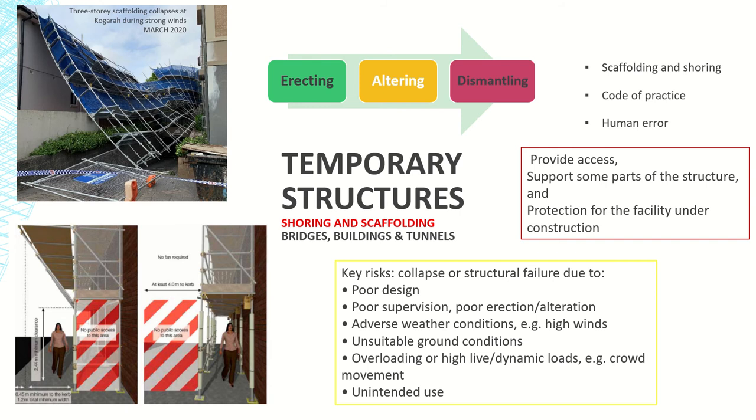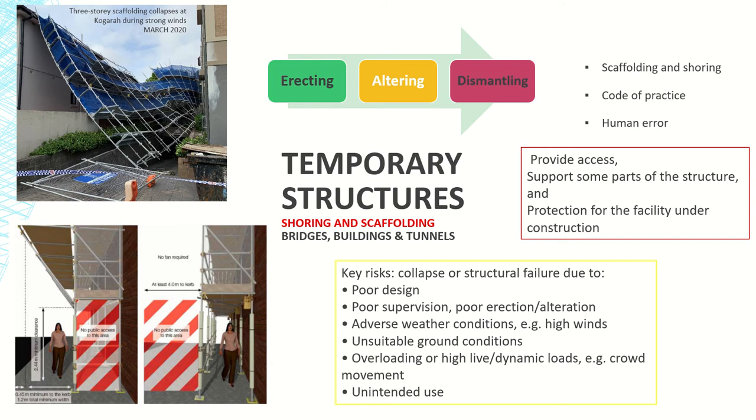But the images here show that pedestrians and non-workers can also be users of the temporary structures, because they are walking around the scaffold, and there might be collapses if the temporary structure is not stable enough.